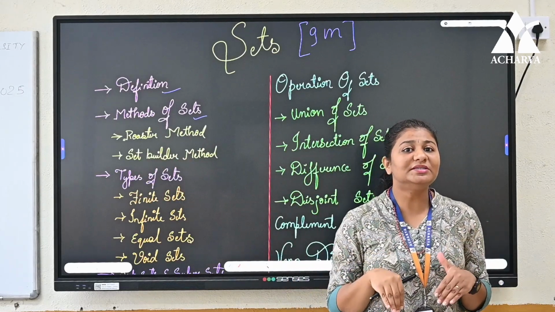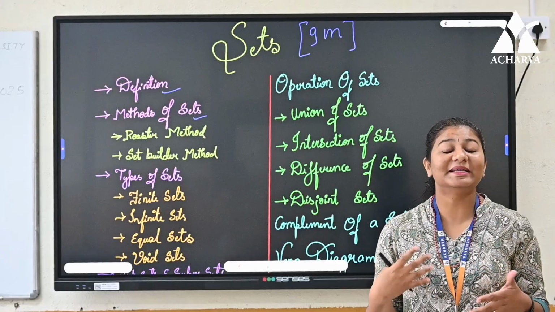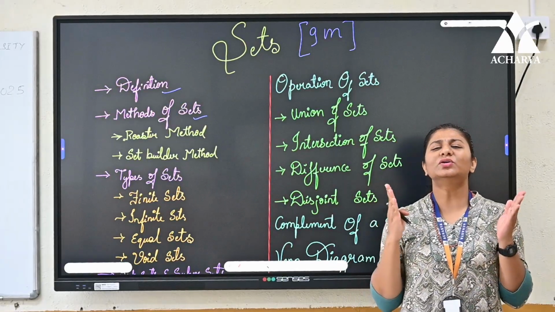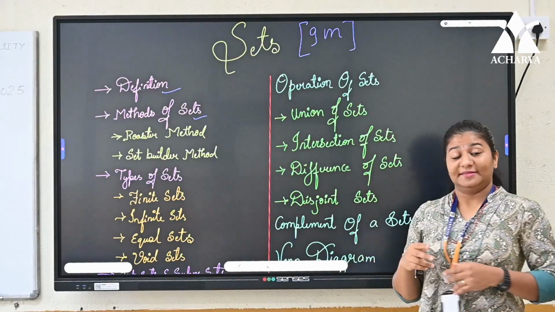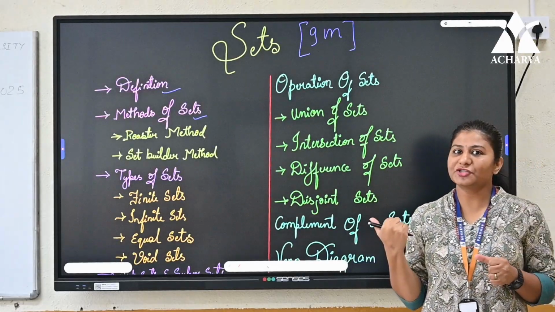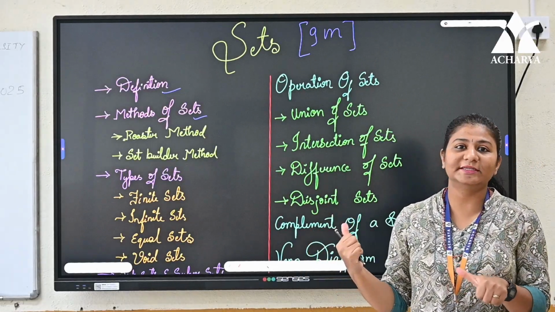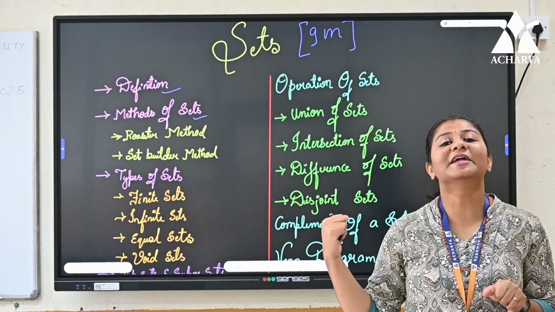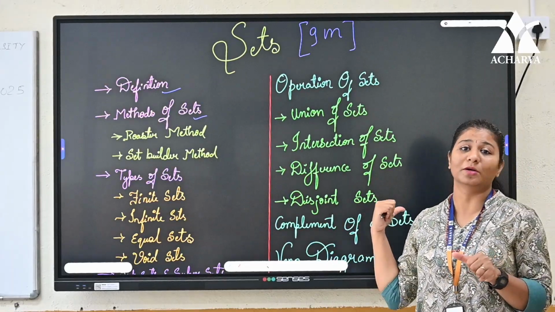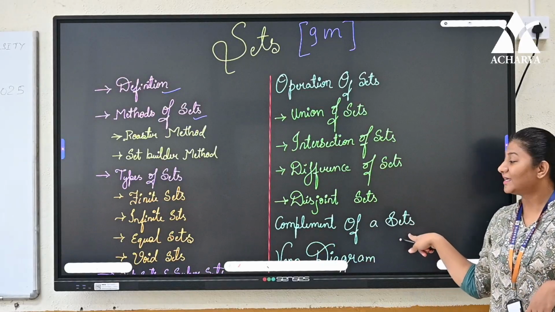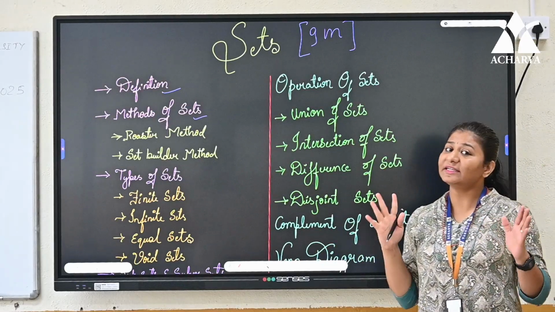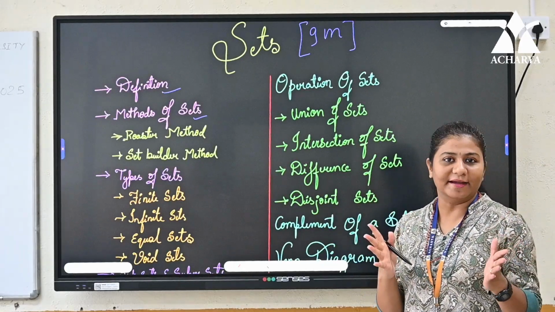Then we have many different types of sets, so we will learn particular sets also. The last thing is operations on sets, which is very important here. Compulsory 5 marks and 3 marks problems will be asked. Next is the complement of a set, and the last very important topic is the Venn diagram.